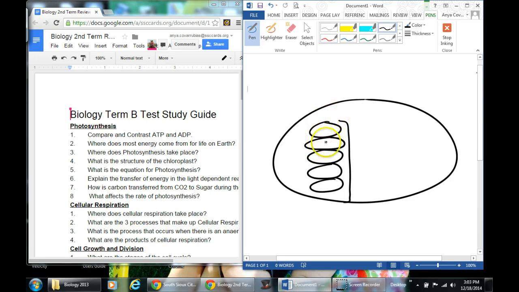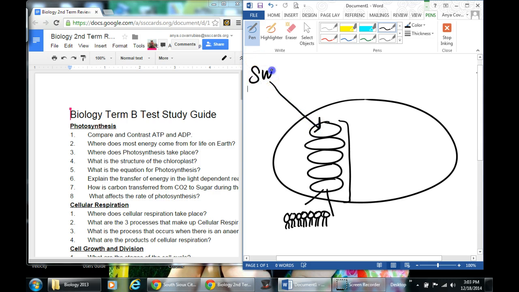So if we were going to blow this up a little bit here, the thylakoid membrane is going to be made up of little tiny phospholipids that are all in a circle that have little proteins inside of them. And in the thylakoid membrane, this is where the chloroplast absorbs the sunlight.